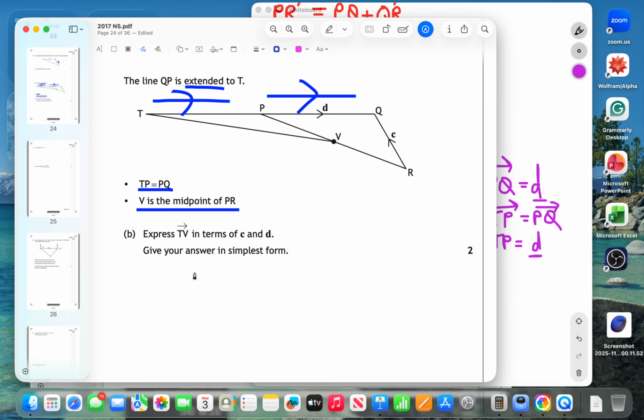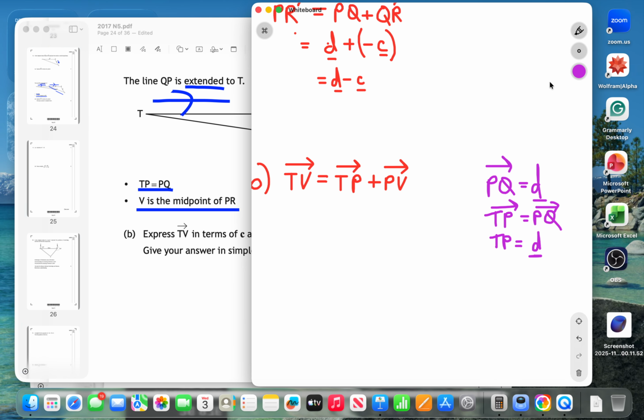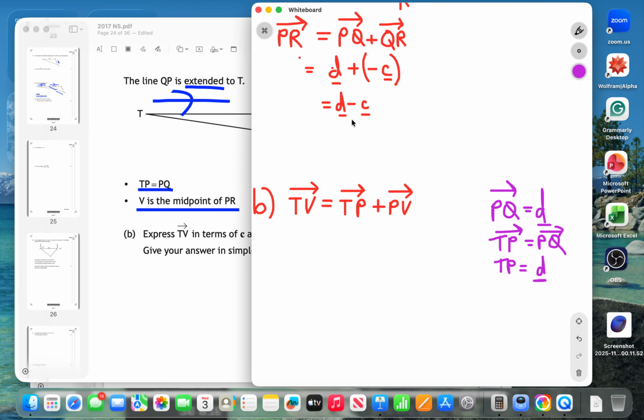V is the midpoint of PR, meaning that the length of PV is equal to the length of VR, because V splits the line PR in half. Now we know what the vector PR is.